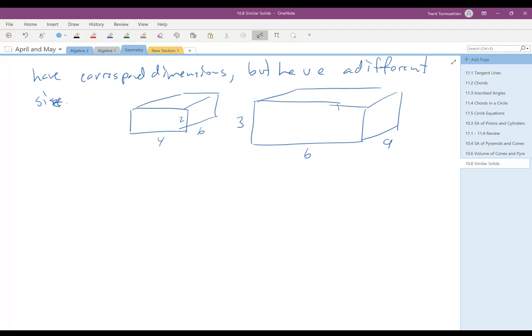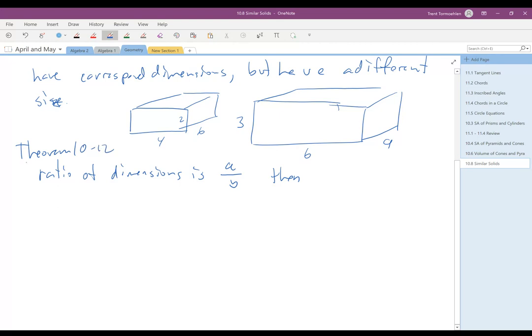Just like before, if the ratio of dimensions is A to B, then, and this is theorem 10.12, the ratio of the surface areas, which is similar to the ratio of the areas in two-dimensional shapes, is A squared to B squared.